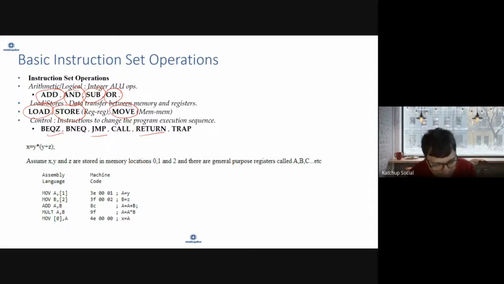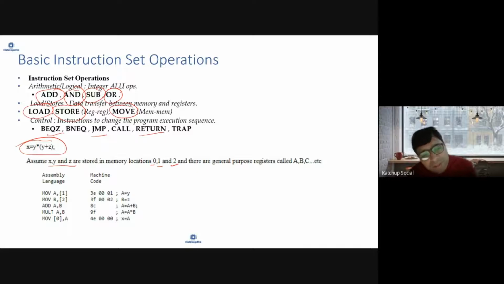Now, for example, let's say you have C-level code which does the operation x equals y multiplied by y plus z, and let's assume x, y, z are stored in memory locations 0, 1, and 2.